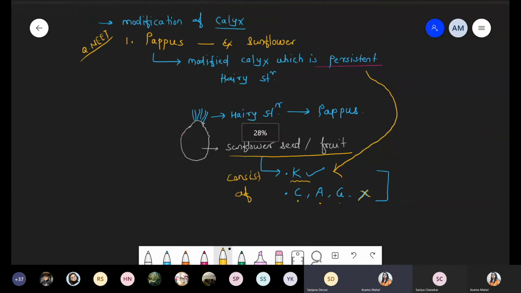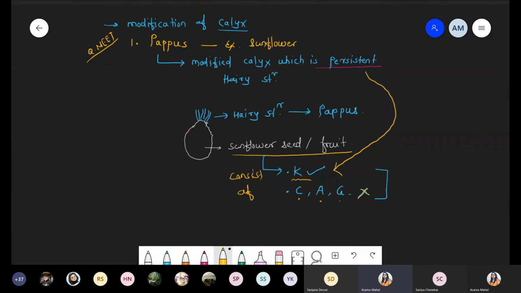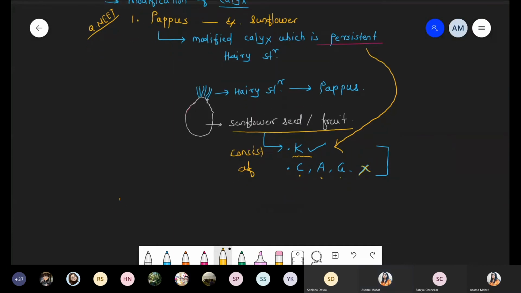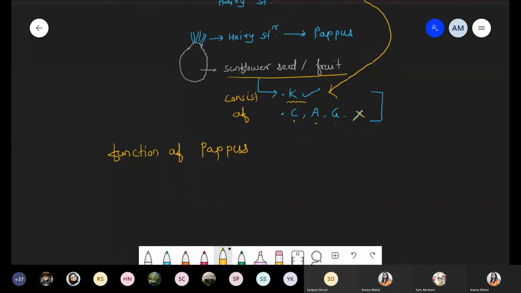So can you imagine what is the function of pappus? What does that consist of? Persistent calyx. K for calyx. But corolla, androecium, gynoecium absent. So can you imagine what is the function of this pappus? क्या हो सकता है function?